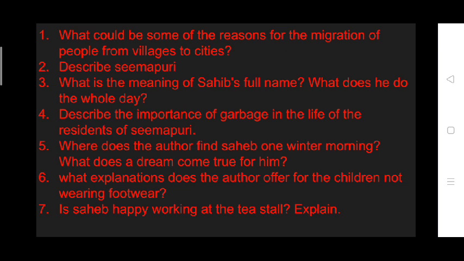What could be some of the reasons for the migration of people from villages to cities? Now, referring to the chapter, you can say natural calamities are one of the reasons why people migrate from villages to cities. Like in this chapter, these migrants are from Dhaka, and the reason for this migration is the continuous flood. Another reason can be jobs.